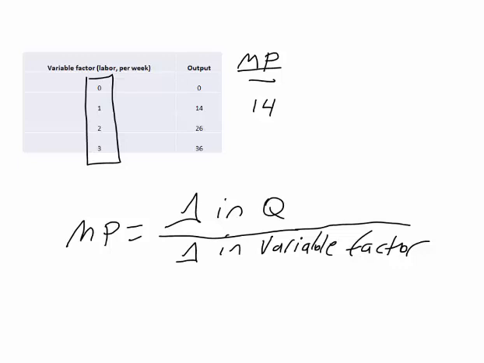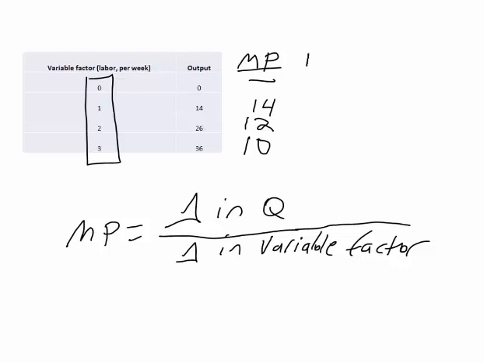When labor per week equals 1, our marginal product is just 14 minus 0. At 2, it is going to be 26 minus 14, which is 12. Remember, technically, it would be 26 minus 14 divided by 2 minus 1, but 2 minus 1 just equals 1, and anytime a denominator equals 1, the total ratio is just the numerator. For 3 units of labor per week, our marginal product is 10.